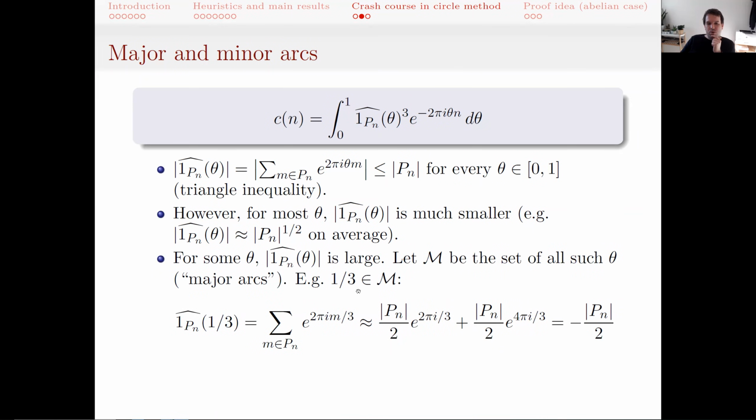So for theta equal to a third, the appropriate Fourier coefficient is equal to this sum. Now notice that these summands depend only on the residue class of m. However, m runs over primes. So there is just one prime which is 0 modulo 3.